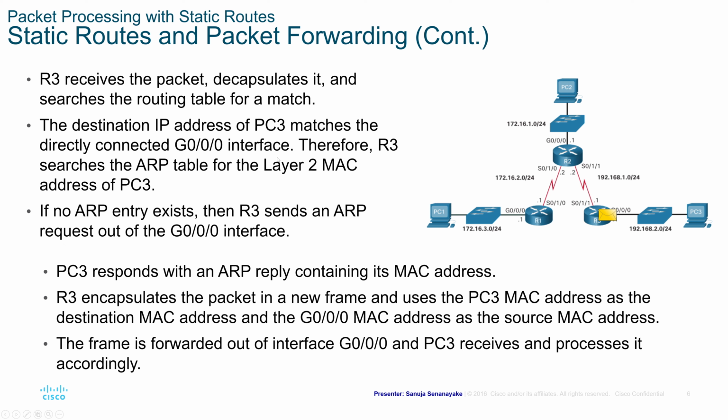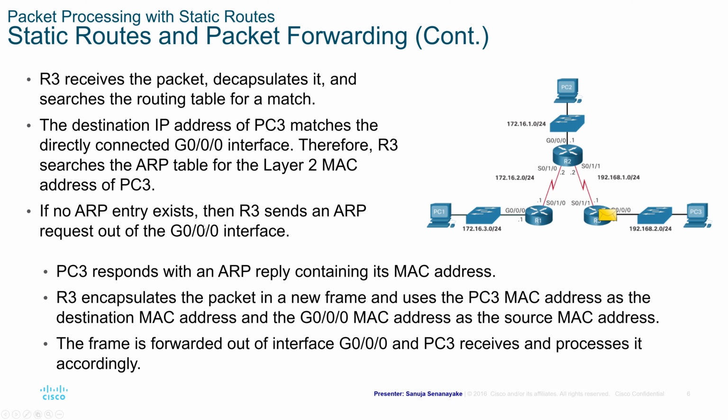Remember, because it's directly connected, R3 searches the ARP table for the layer 2 MAC address of PC3. That didn't happen in these two routers when PC1 sent the message, but it does happen here because it is the directly connected end device. So R3 searches the ARP table.